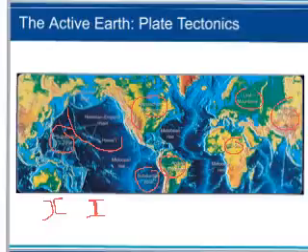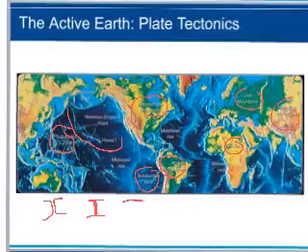Rather, with subduction, one plate moves under another, and the plate that was forced to move under the other is forced to sink due to the high gravitational potential energy in the mantle.